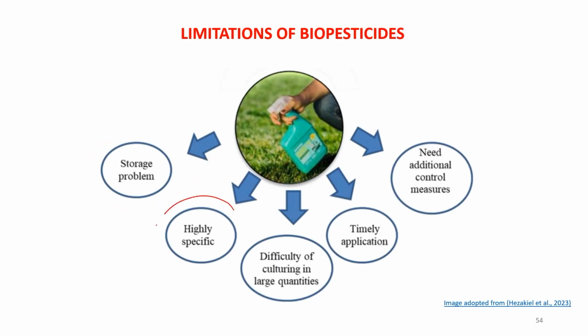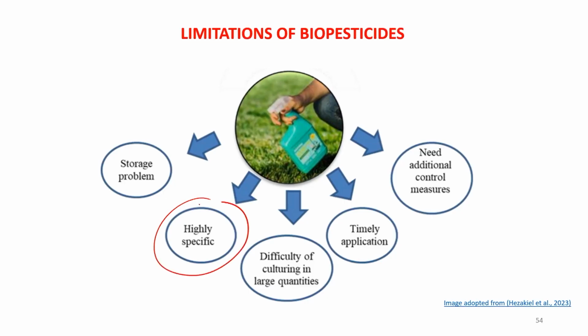Then another problem is their high specificity. Not all of them have broad spectrum activity, so this limits their effectiveness. But when it comes to single species infection of an agricultural field, then they are actually very beneficial.